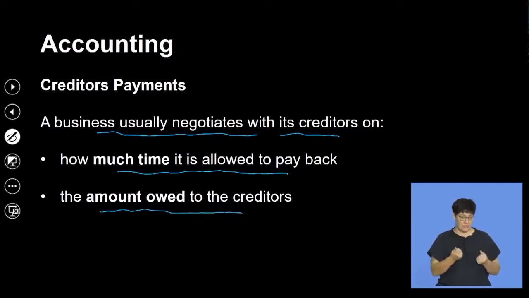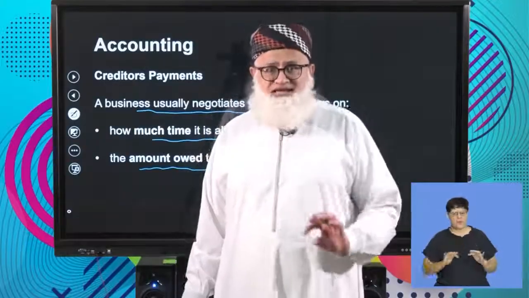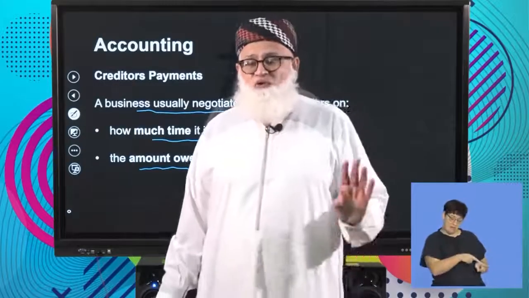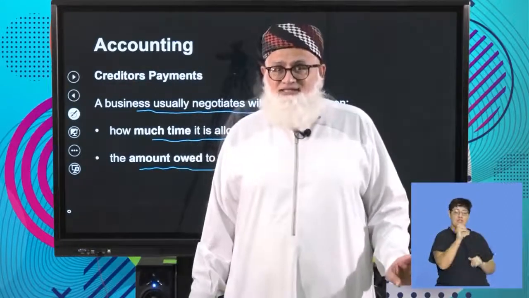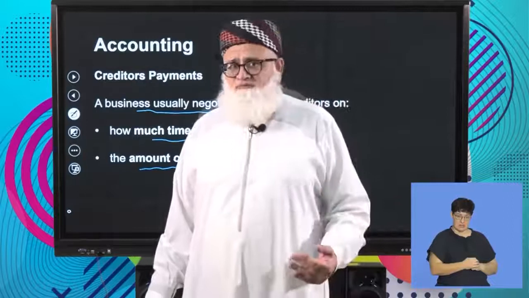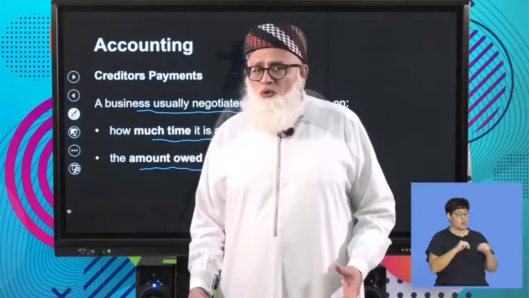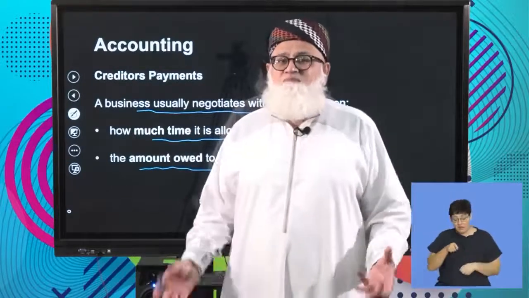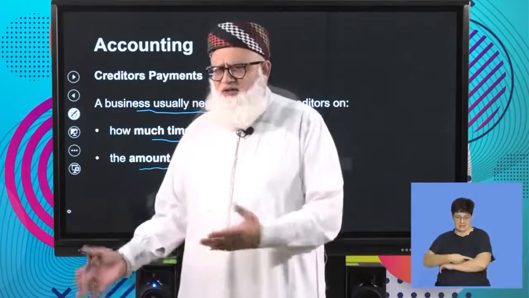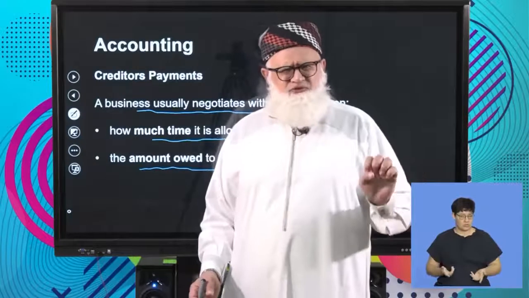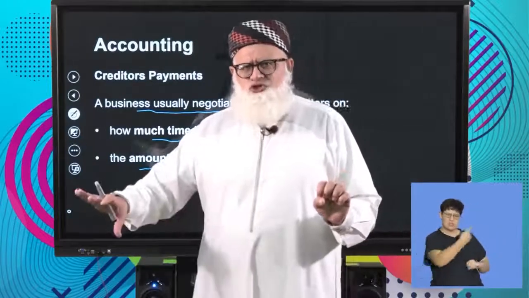Now, what do we normally use as a basis for working? Remember with debtors we said we expect our debtors to settle their accounts within 30 days, right? Very often, what is negotiated with our creditors is a payment period of 60 days. Now the question is, why 30 from your debtors and 60 to your creditors?